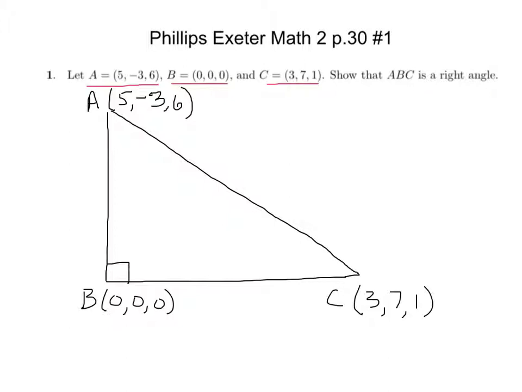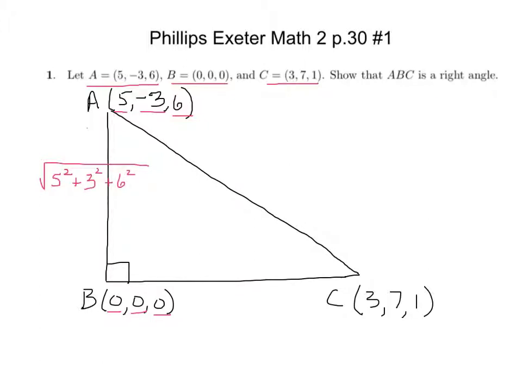So look over here, I have the distance from A to B. So I'm looking for this length right there. To find that length, I will do square root. Now the distance from 0 to 5 is 5, so square root 5 squared, plus the distance from 0 to -3 is 3, 3 squared, and the distance from 0 to 6 is 6, so 6 squared.